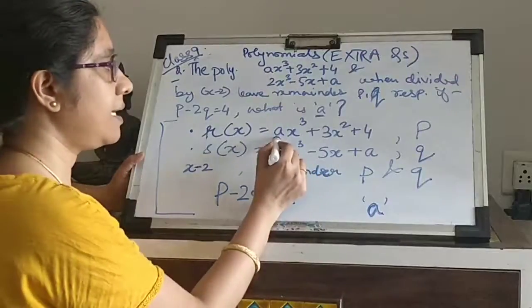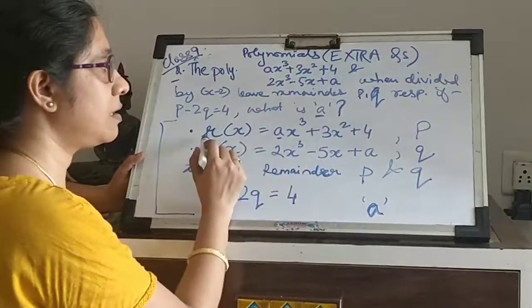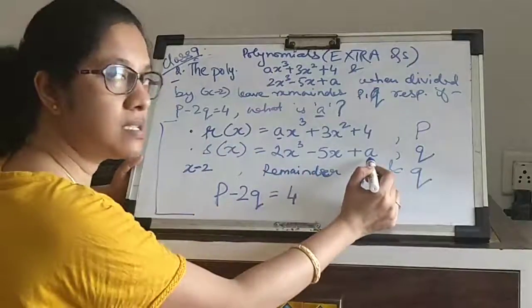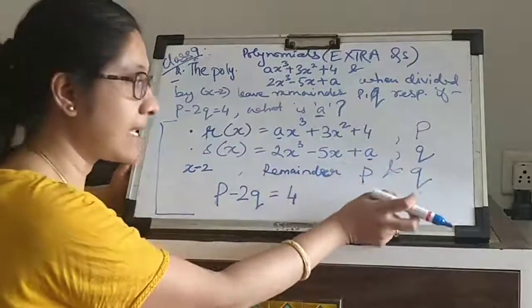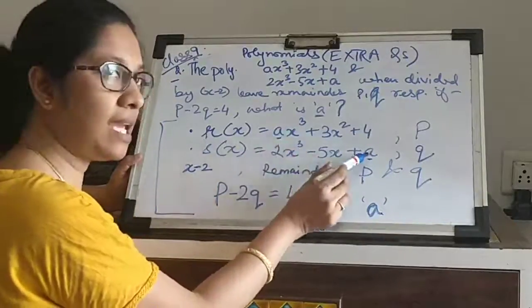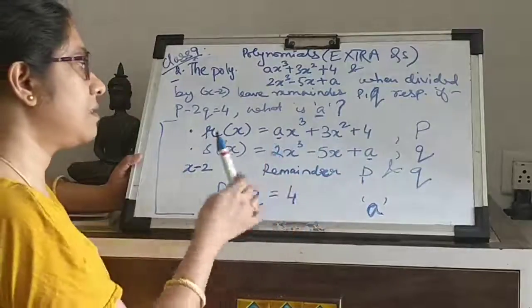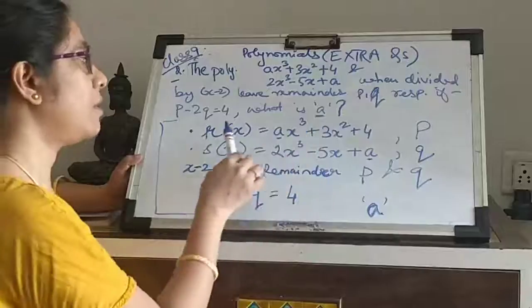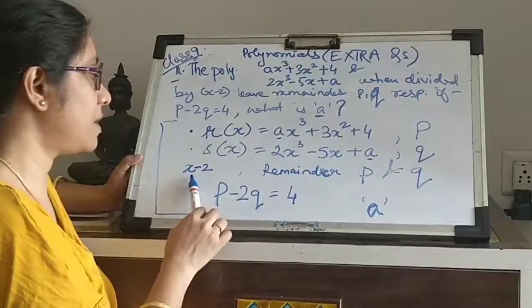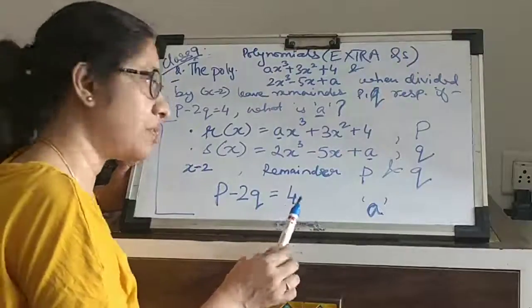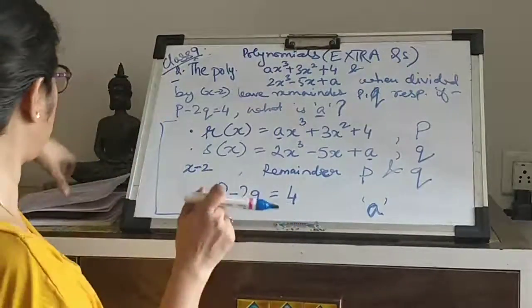Where is a? a is the coefficient in the polynomial r(x), and it is a constant in the polynomial s(x). So we have to find the value of a, given that we get p and q as remainders when polynomials r(x) and s(x) are divided by x minus 2, and p minus 2q must be equal to 4. So let's see how this can be done.